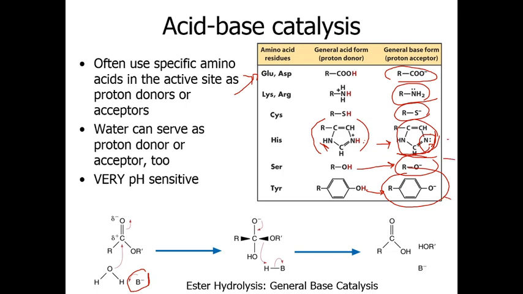Any of these could act as B minus. Take a proton from water, right? And this water can then attack the carbonyl carbon of an ester. The carbonyl carbon is electrophilic, right? Electrophilic.